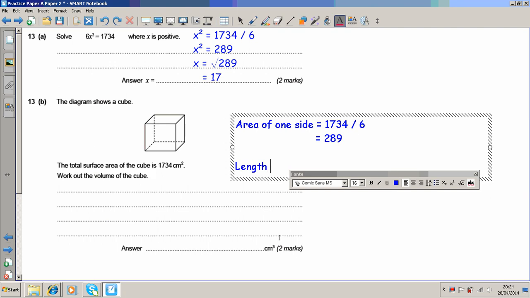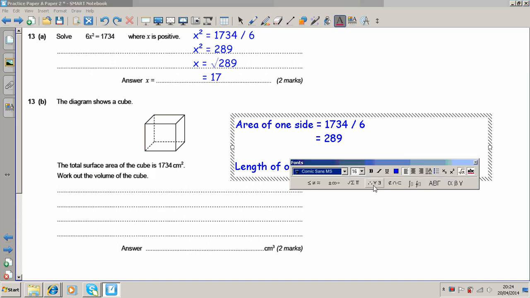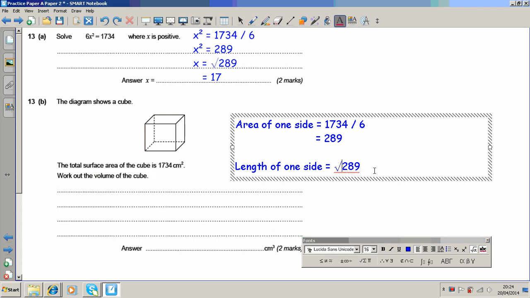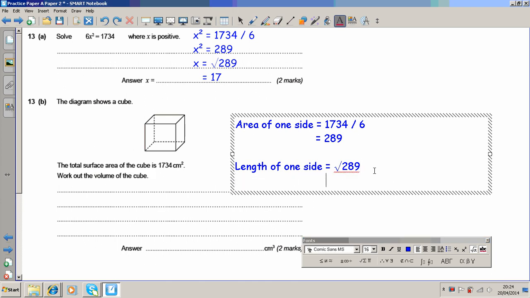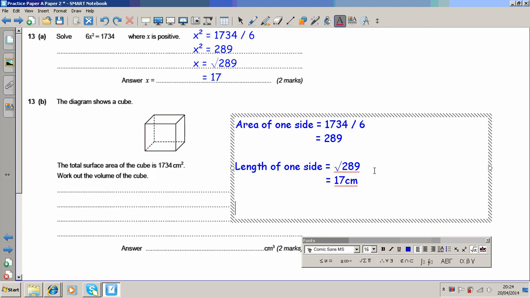So now length of one side is going to be the square root of 289, which is equal to 17 centimetres.